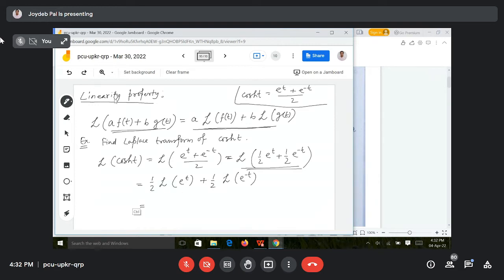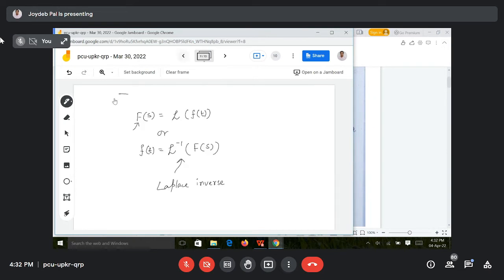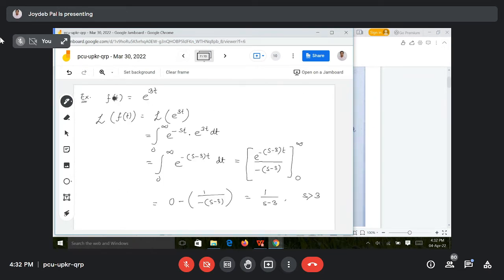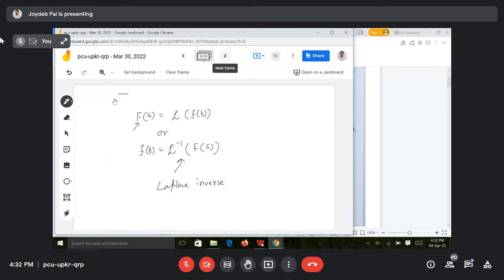Okay. Actually, in this line, I have applied the linearity property. Now you know the Laplace transform of e to the power t. Not always do you have to use that integration formula. Don't think that every time I have to use that integration and then solve it. No, actually there are some tabular formulas which you can use directly.